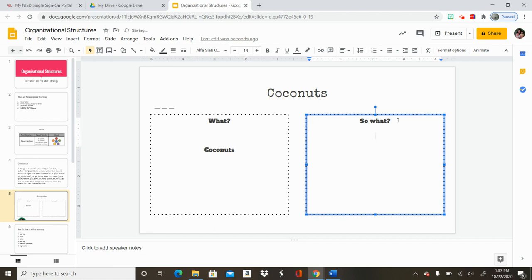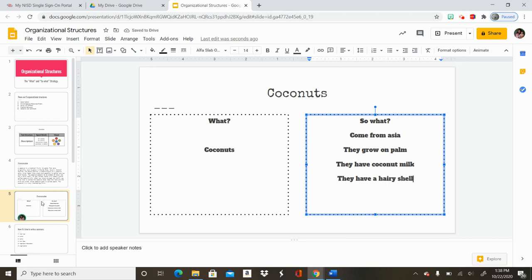Well, we learned that they come from Asia. They grow on palm trees. What else? They have coconut milk. They have a hairy shell.